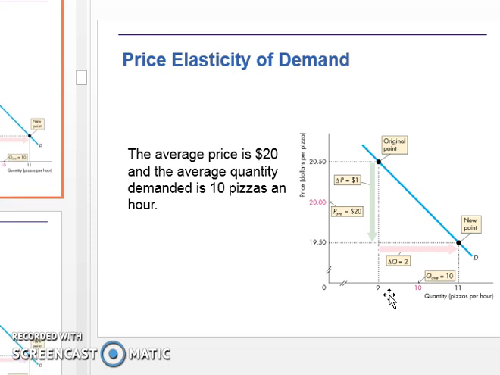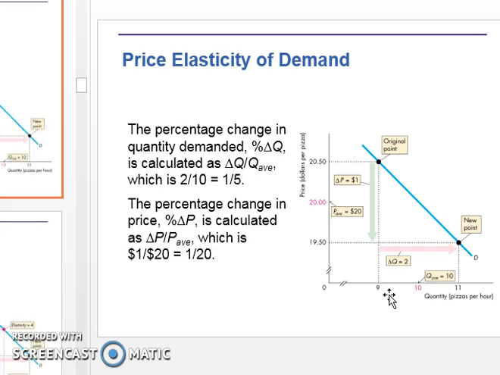So how can we calculate the elasticity of demand? We first need to calculate the percentage change in demand, which we can measure by delta Q divided by the average, and after that we attach the percentage sign.